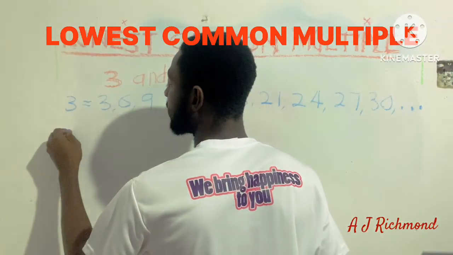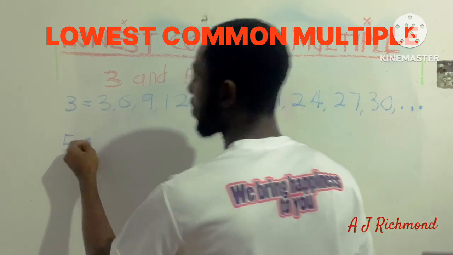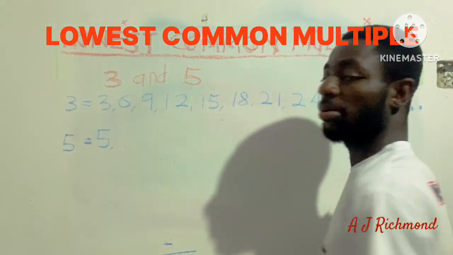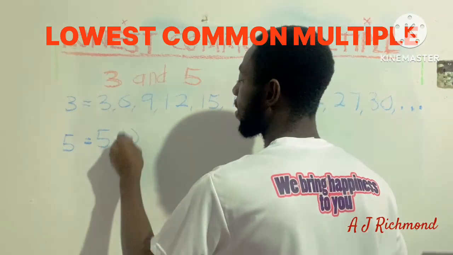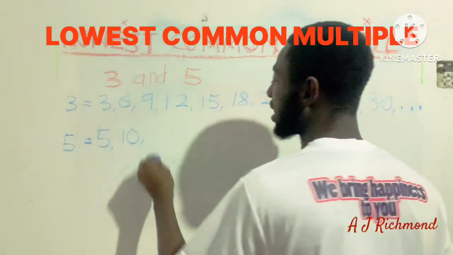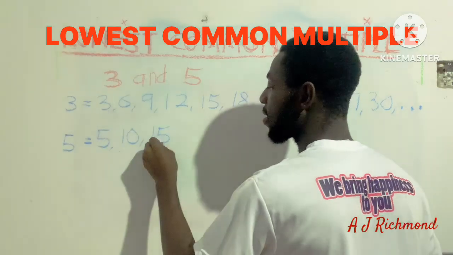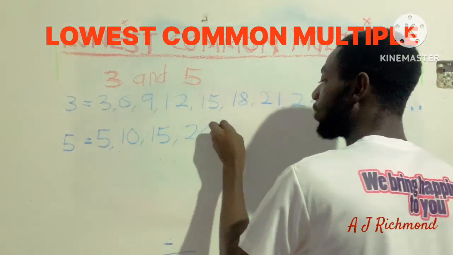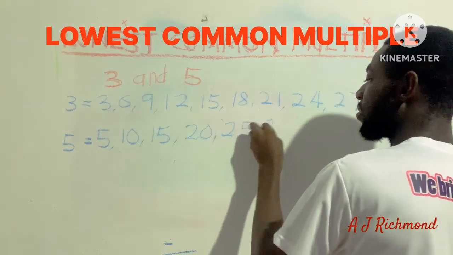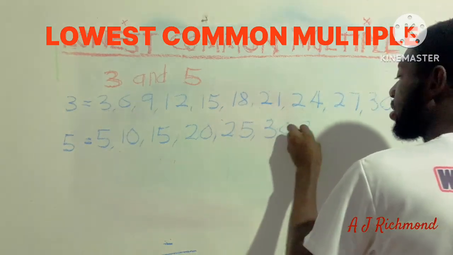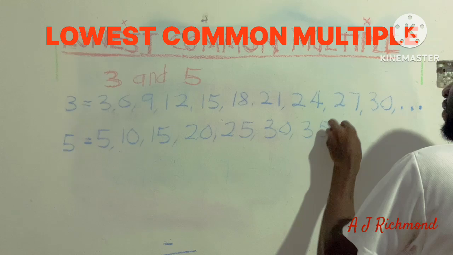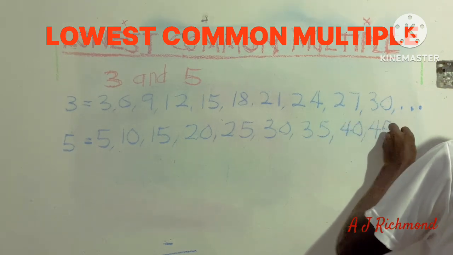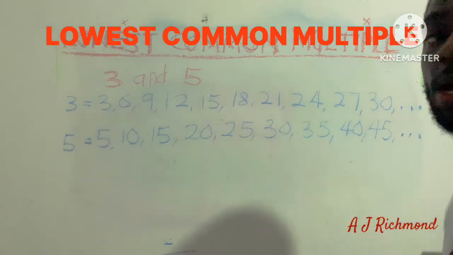So the multiples of 5, we have 5 itself, plus 5 gives us 10, plus 5 gives us 15, plus 5 gives us 20, 25, 30, 35, 40, 45, and so on and so forth.